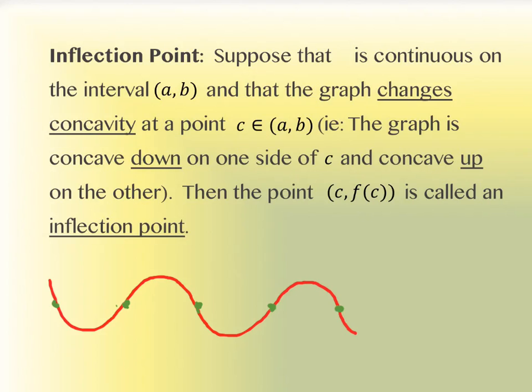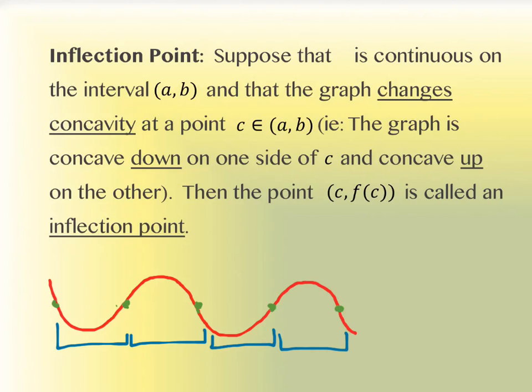If you take a look at this graph and split it up into the places between the green dots, the first piece I've marked in blue is concave up. The second piece is concave down. So that dot between them is the place where it changed concavity. And you could keep doing this process as you go.